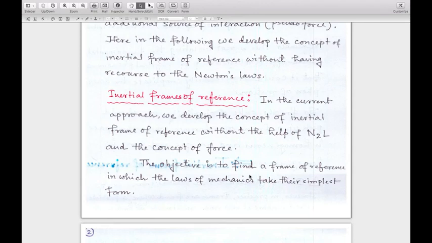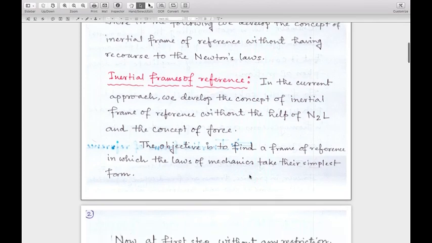Whatever we have already seen using Newton's law, we cannot use here. For example, L is equal to T minus V, right? I started that derivation using F is equal to minus gradient of V is equal to m r double dot, right? So that we cannot use here.